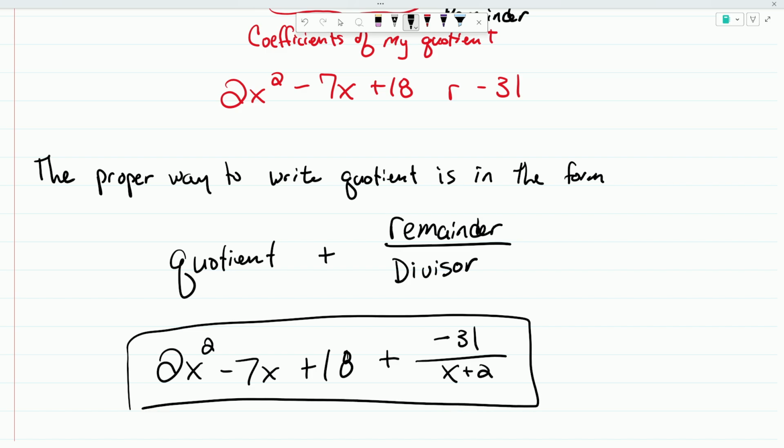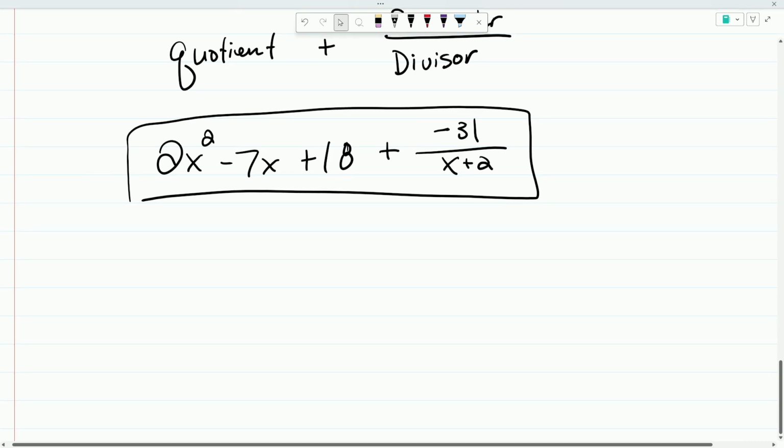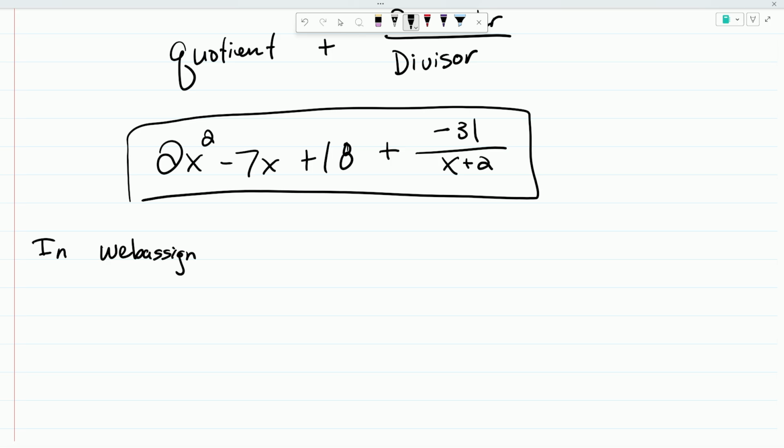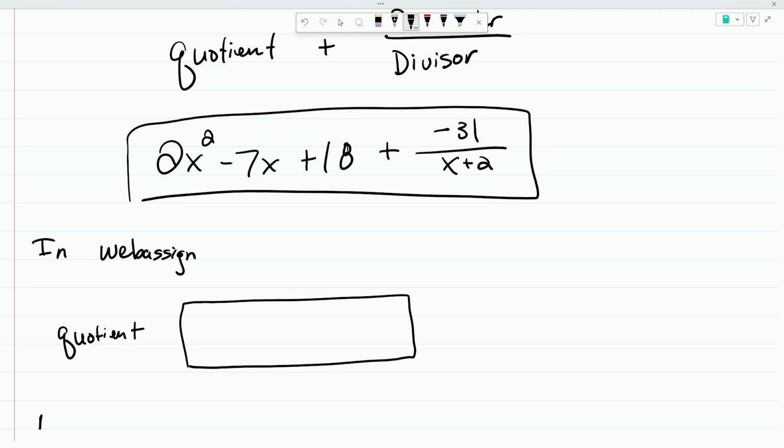Now, I know sometimes in WebAssign, they kind of want things a little bit differently. So in WebAssign, if they have the following, it'll say quotient with a box and then remainder with a box.